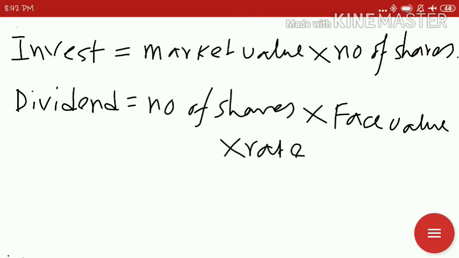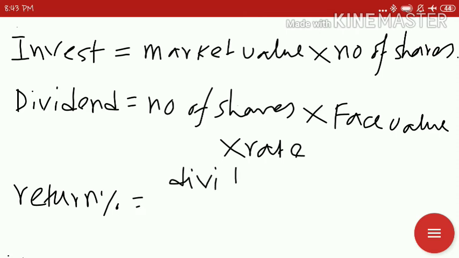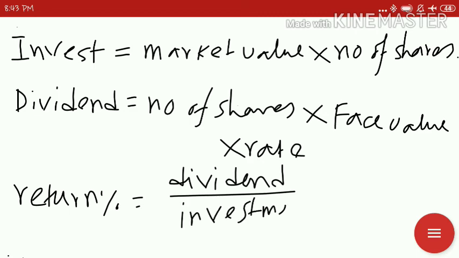A certain rate should be declared, at which the person is going to get his dividend. And next, the return percentage, that means how much you have invested and how much you have got in return. The formula is dividend by investment into 100.